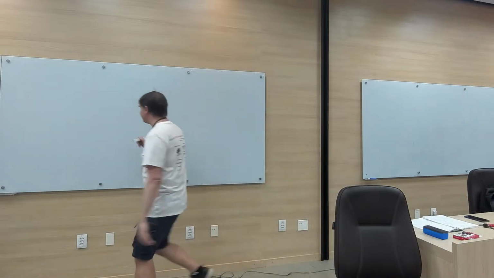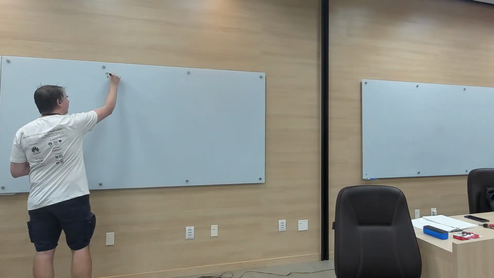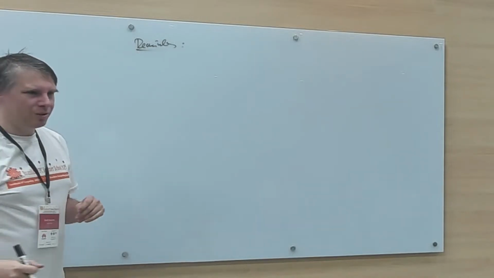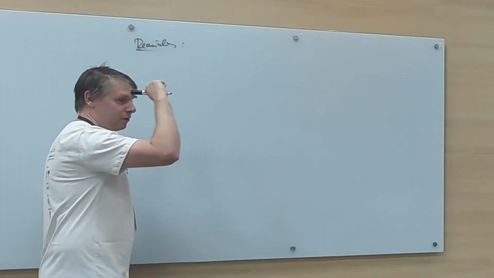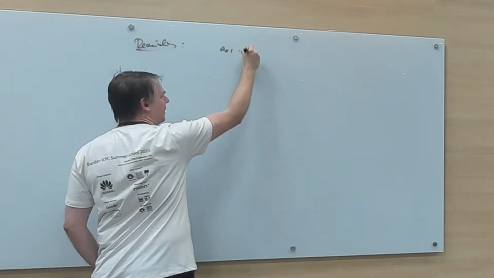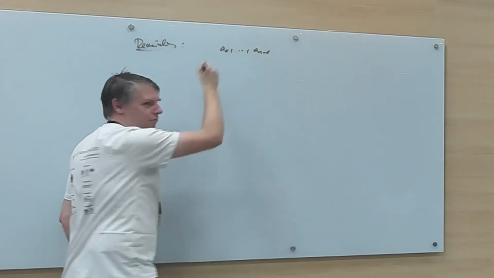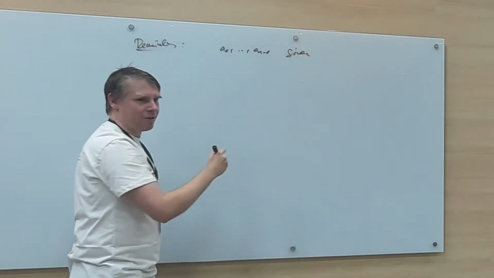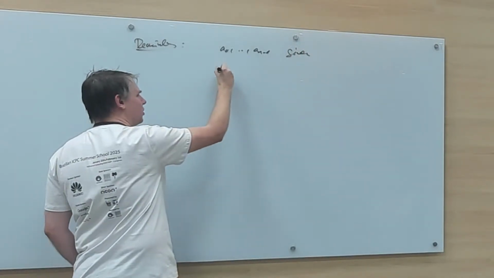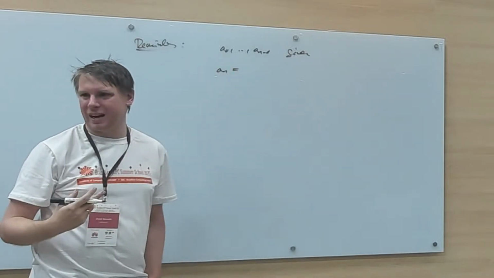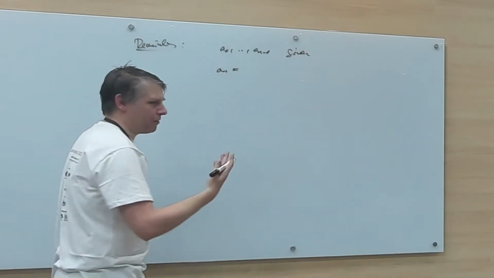Okay, so just a small reminder. We argued that if you have a linear recurrence, so let's say you have some starting values, the first n values are given, and you have a recurrence relationship which allows you to calculate the next term as a simple linear combination of the previous terms with given coefficients.